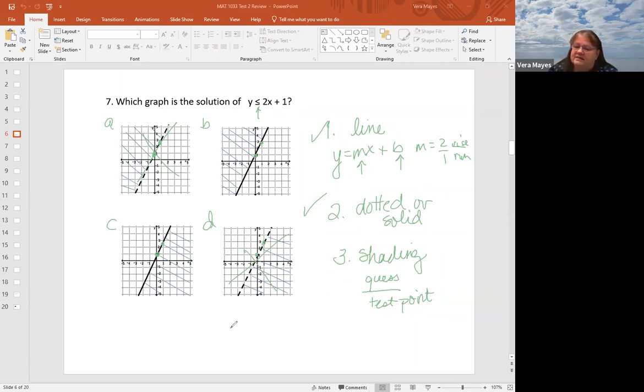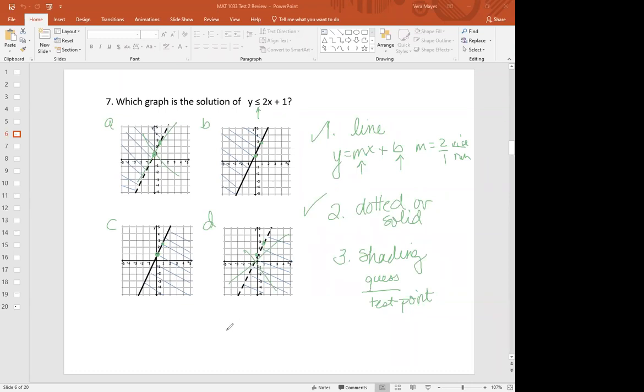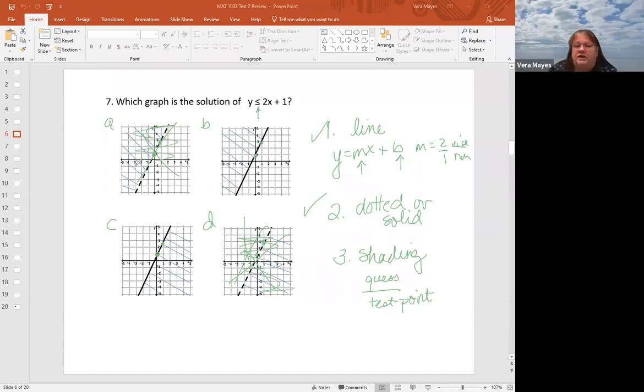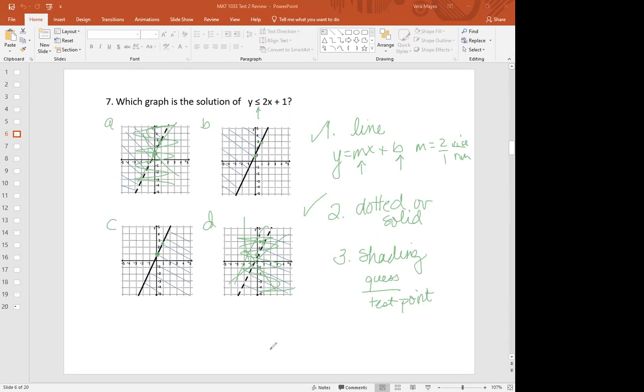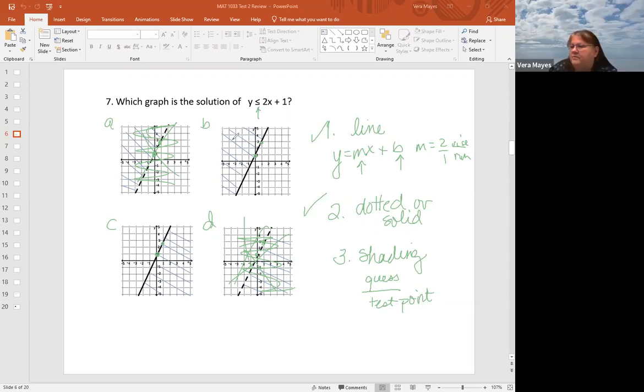What do you guys think? If you just had to guess. Would it be D? Well, we eliminated D. So, okay, don't look at D and don't look at A. We only have B and C because those are the ones that went through the right points for us. B? So B, how many of you guys think B? Anybody like C?